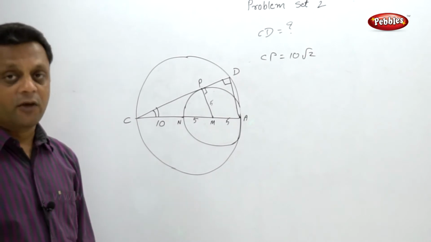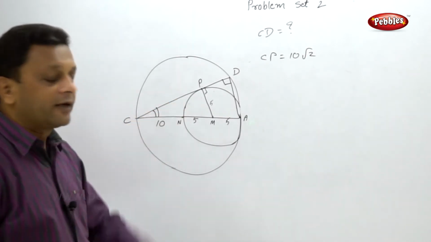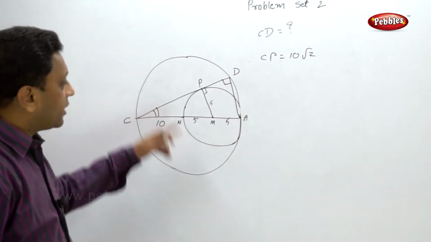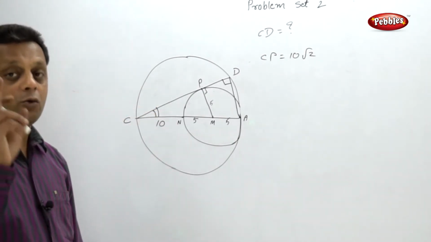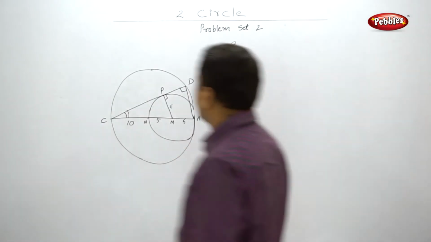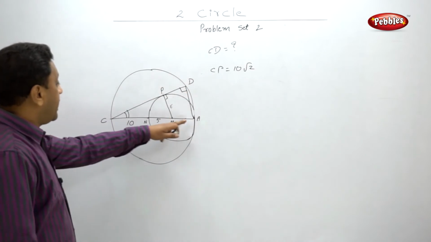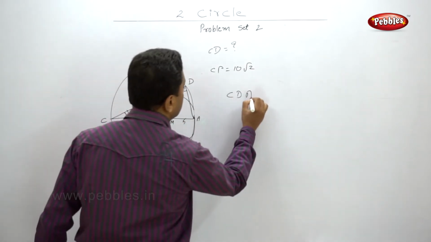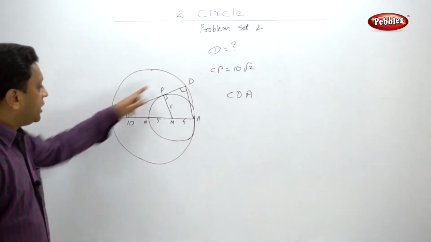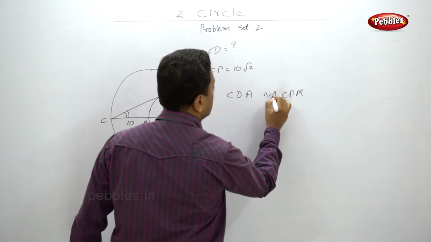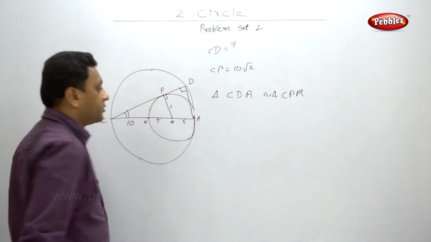So by the test of similarity, these two triangles are similar. Pause your video and quickly write down the names of the two similar triangles. Starting from the common point, triangle CDA is similar to triangle CPM. Both the triangles are similar.